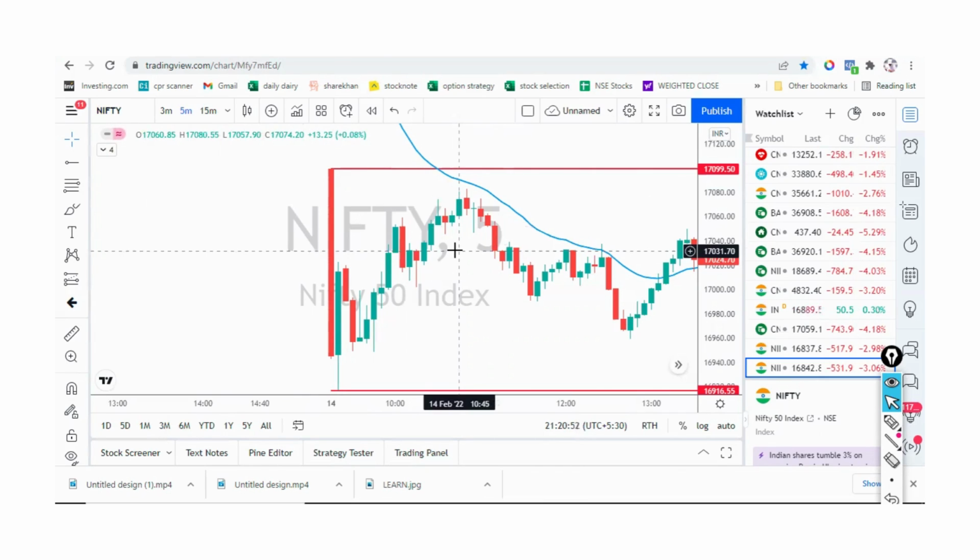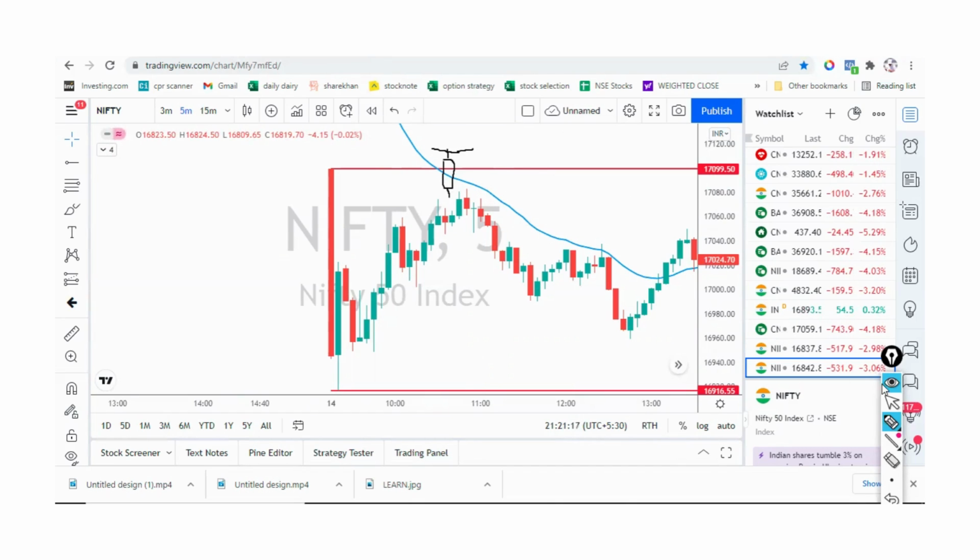It's almost 22, 23 points. So we have a right opportunity, but this candle has to close above this in case we have to take a buy trade. If this closes above this, we can take a trade at the high of this candle.